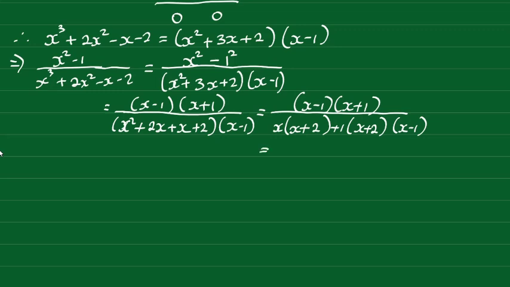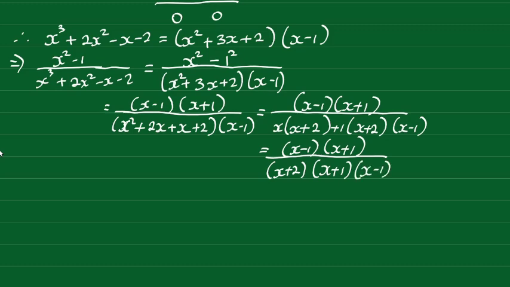And this is equal to (x minus 1)(x plus 1), all divided by (x plus 2)(x plus 1)(x minus 1).